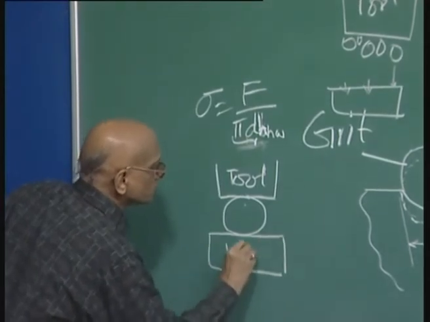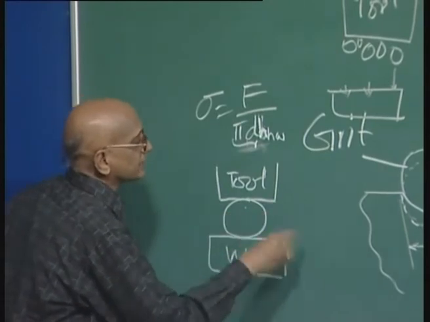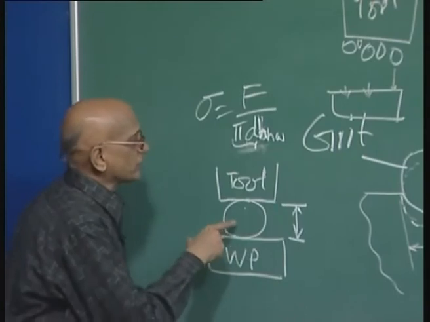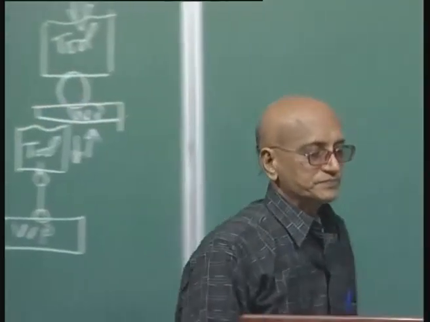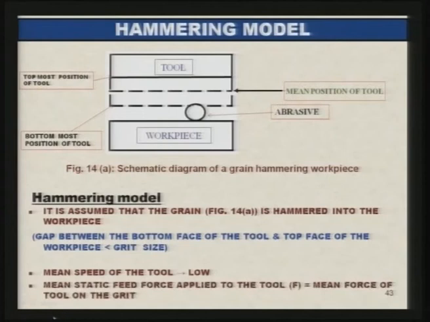So, the tool will hit the abrasive particle only when this gap becomes smaller than the size of the abrasive particle or the grit size. Mean speed of the tool is quite low.